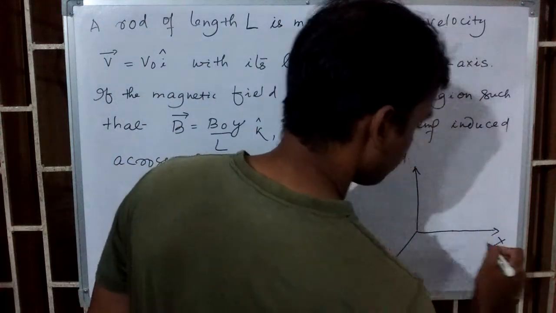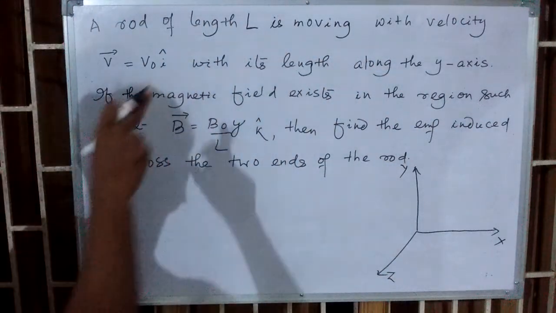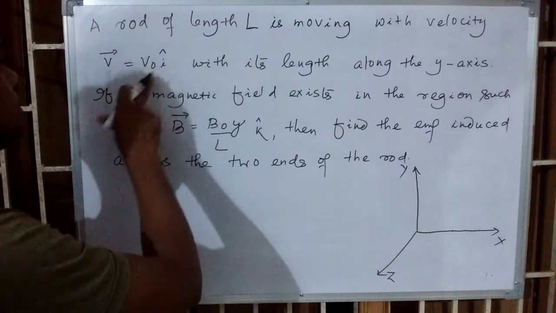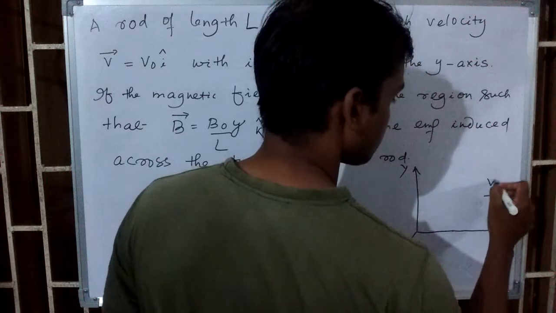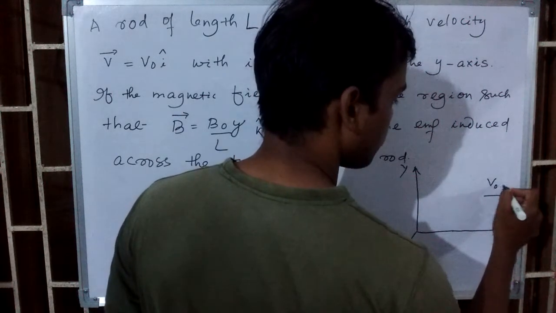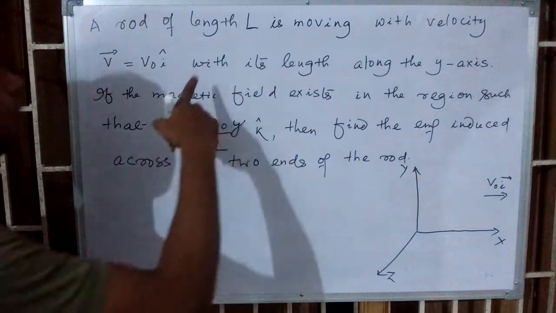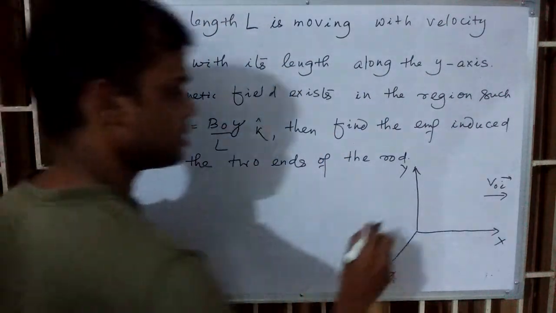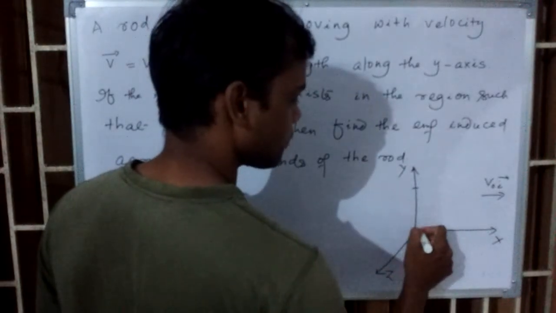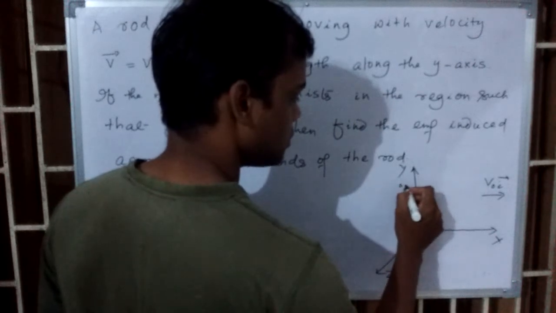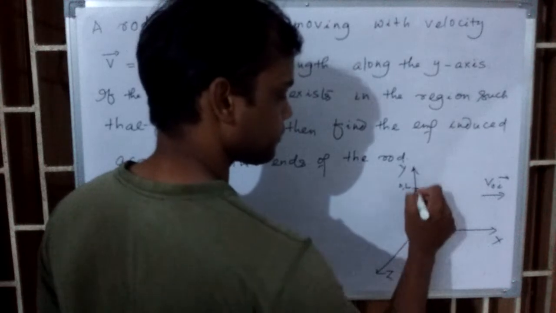Now the rod L is moving along the x-axis. That means velocity is along this direction, that is v naught i cap. Now its length is along the y-axis. That means if this is the length of the rod, this is L. Now the rod is oriented like this.